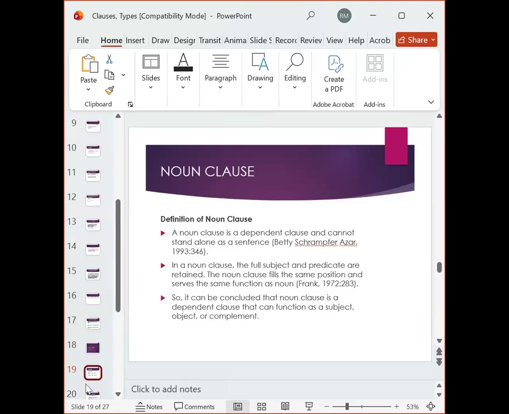Now, a noun clause, just like all the other clauses, has a finite verb, and there is a subject in there. And they perform the functions of nouns. And we all know the functions of nouns: subject, object, subject complement, and all the rest we saw. So you see that these noun clauses will be doing exactly that.